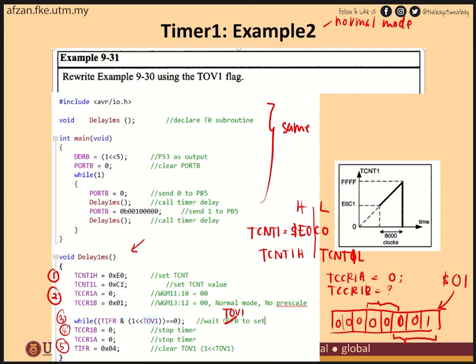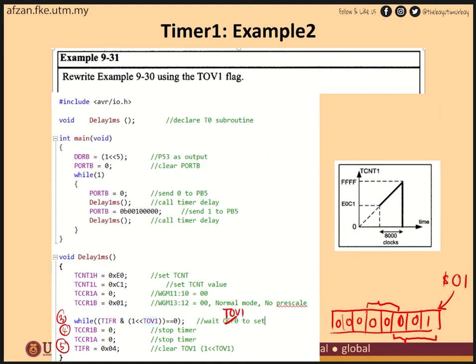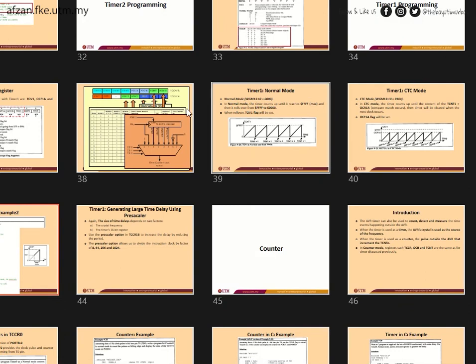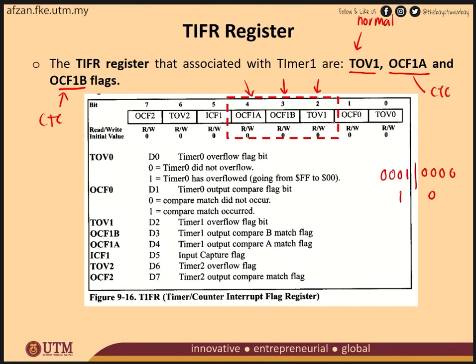Look back, where is TOV1 punya location inside our TIFR. Okay, so this is TOV1. So you need to put 0, 0, 0, 0, 0, 1, 0, 0.